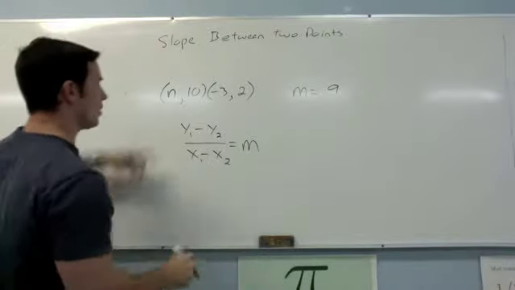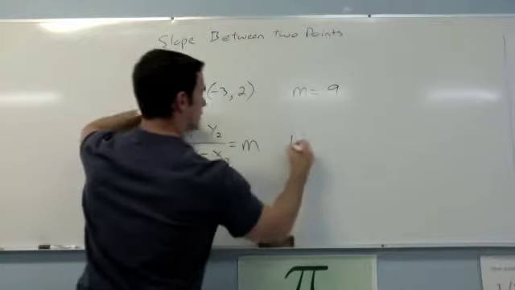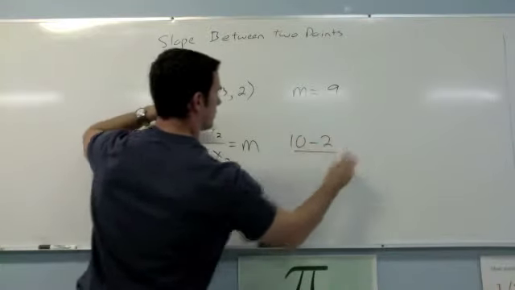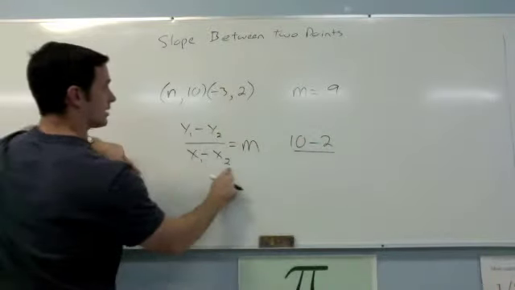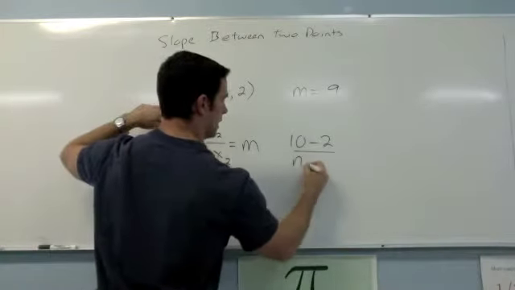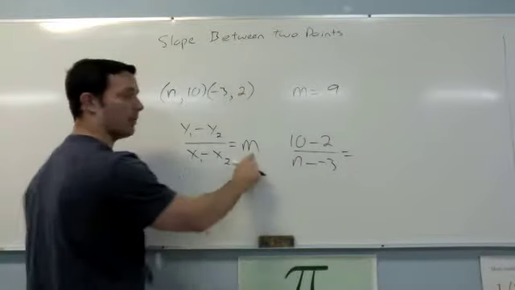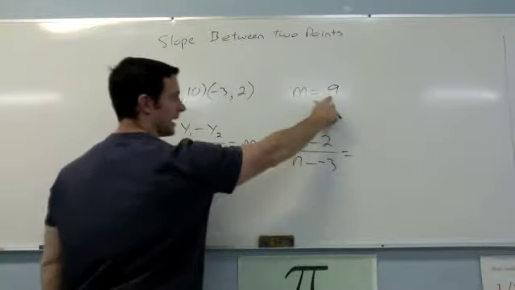So, y1 minus y2, that's 10 minus 2. x1 minus x2, n minus negative 3. And that has to equal m, my slope, 9.